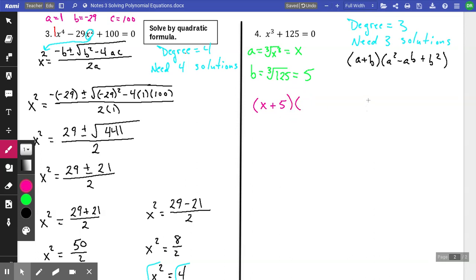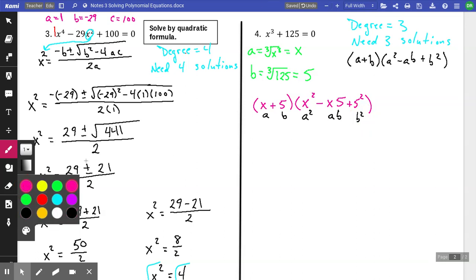And then after that, it says a squared. So we go back to a. We're going to get an x squared minus sign a times b. So x times 5 plus b squared. So that is 5 squared. And let's just convince ourselves that we did it right. Here's an a, here's a b, here's an a squared, here's an ab, and here's a b squared, right?